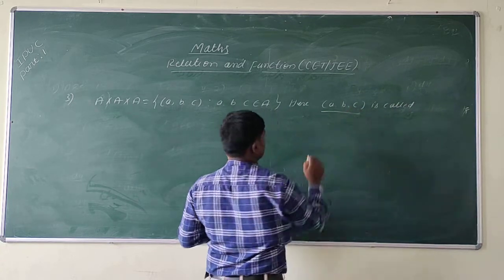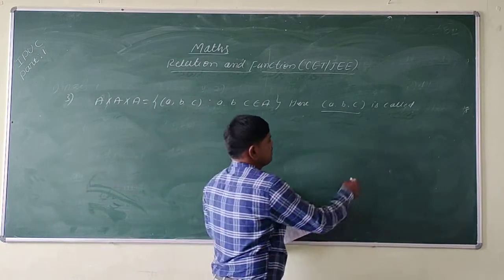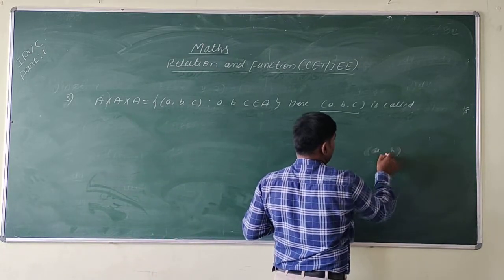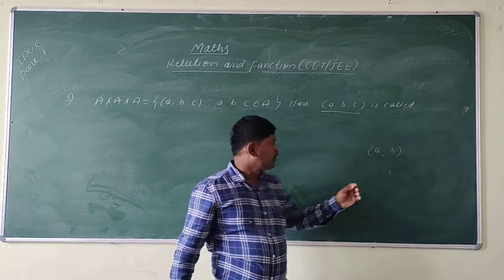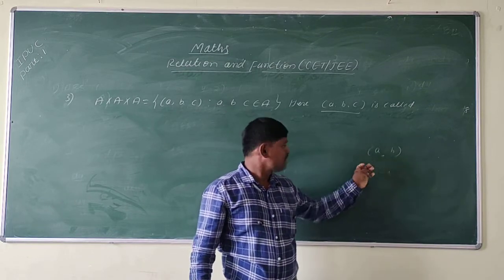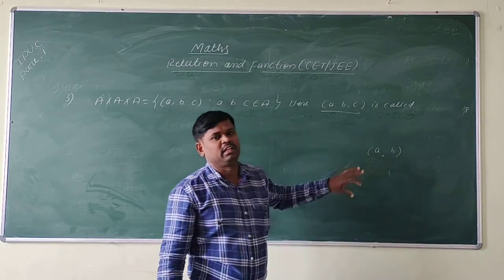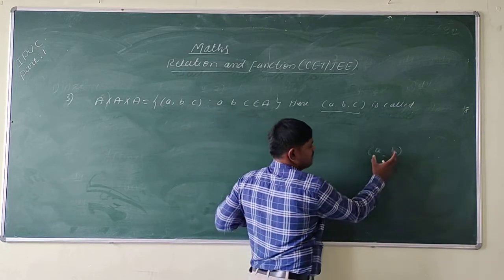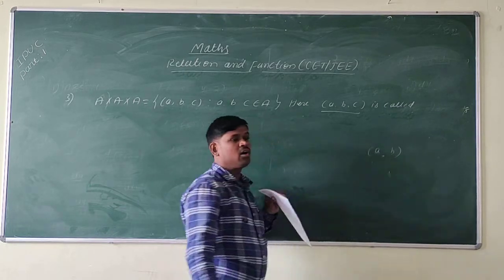Already you know that an ordered pair means a pair of elements listed in a specific order.